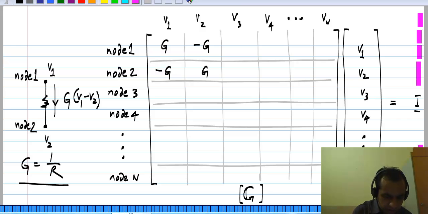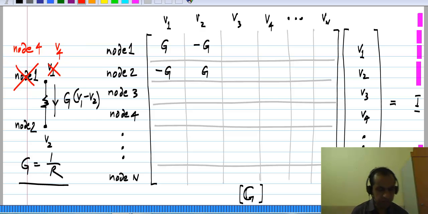Now let me take a different case where this was not node 1 but let's say node 4. And this would not be V1 but it would be V4, and the current of course would be G times V4 minus V1 flowing in that downwards direction. So what would happen in that case? The resistance term would appear in the equations for node 4 over here and node 2 over there.